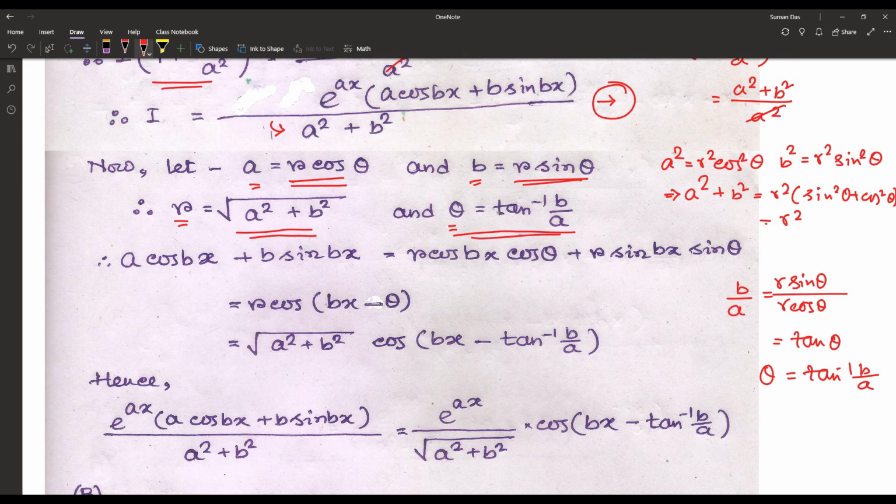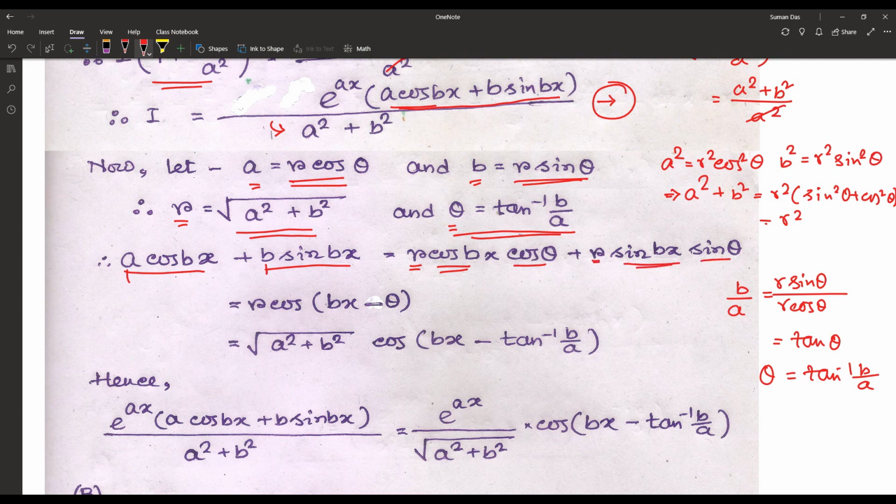Now look at the formula for the numerator part: a cos bx plus b sin bx. We are putting the values of a and b here. a is equal to r cos theta, and cos bx was already multiplied there. b is equal to r sin theta, and sin bx was already there.